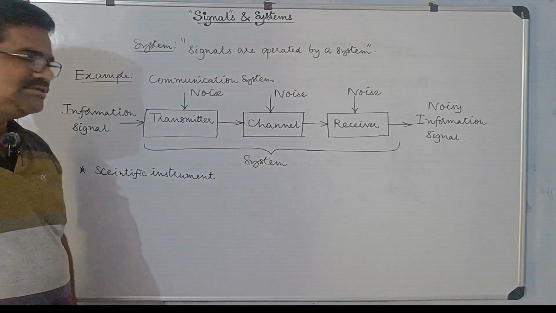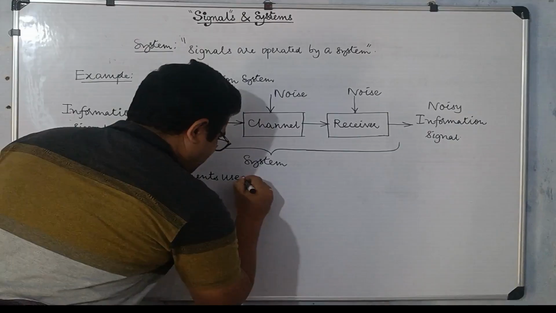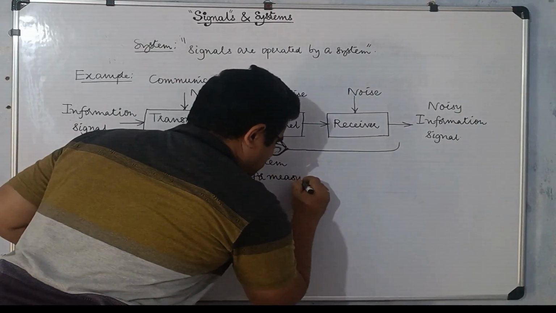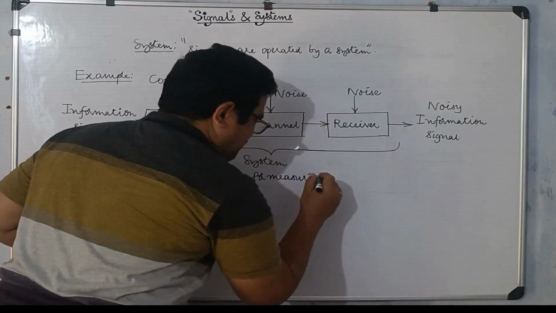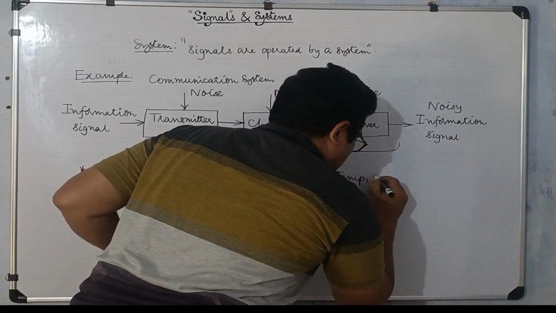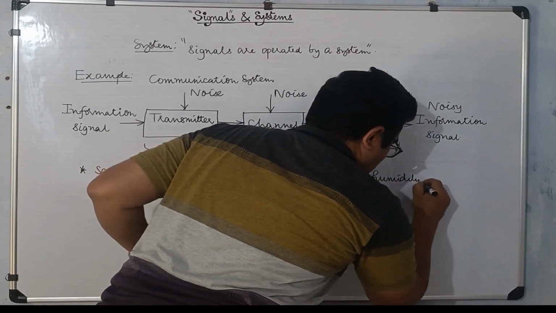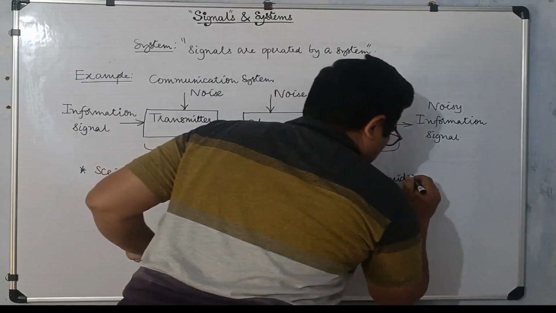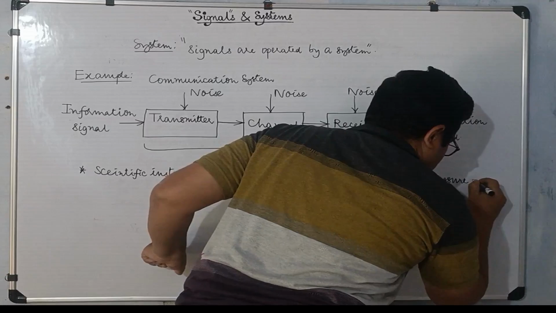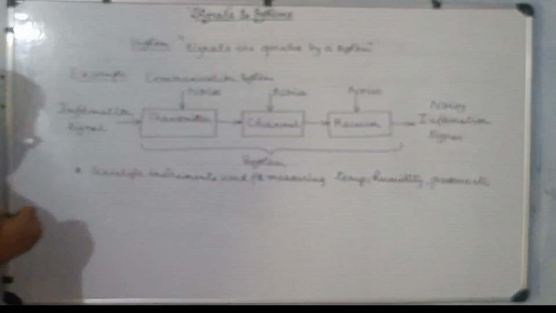So that is also a system. Scientific instruments used for measuring parameters like temperature or humidity or pressure, etc. is an example for a system.